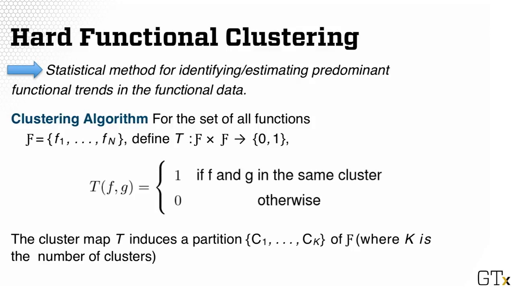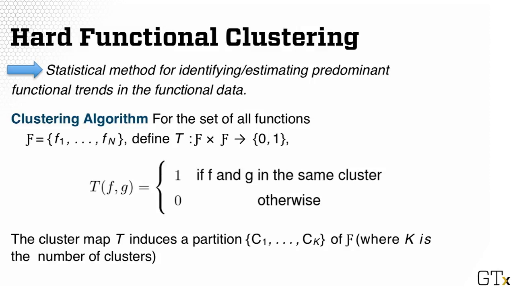Hard clustering is commonly applied to identify or estimate predominant functional trends in the functional data. The underlying patterns identified with hard clustering can be viewed as a dimensionality reduction method, from potentially a large number of random functions to only a few patterns characterizing the entire set of observed functions.